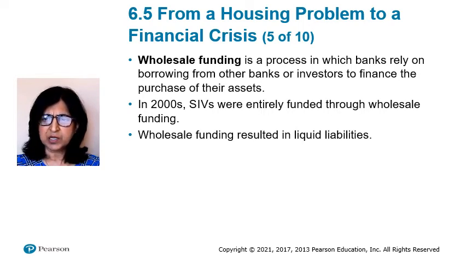But it had a cost which became clear during the crisis. When the investors in these SIVs asked for their funds back, banks had to comply. Banks and SIVs had liquid liabilities, much more liquid than their assets.